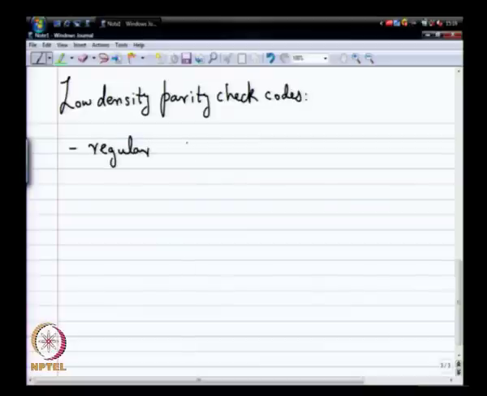These are parameterized by two quantities, WC, which is the column weight, and WR, the constant row weight. So these codes basically have sparse parity check matrices.